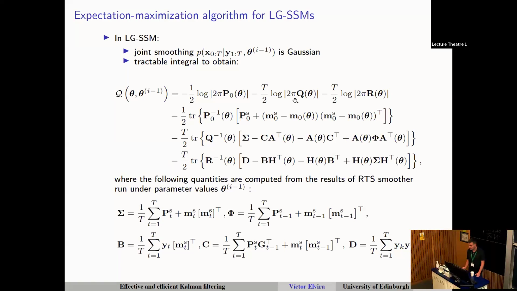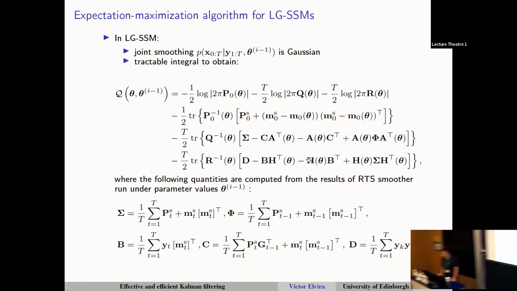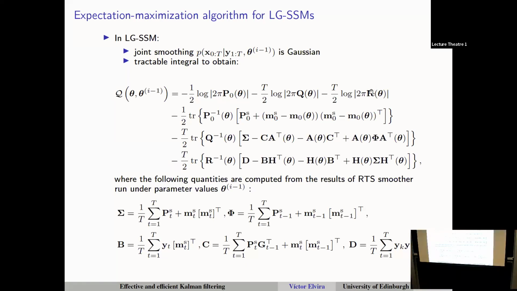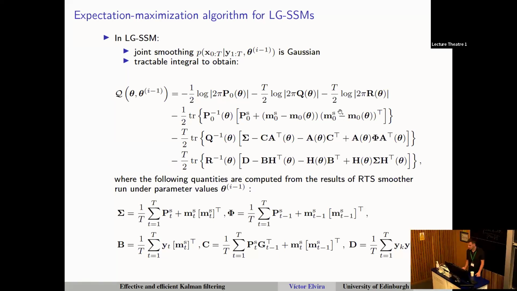Here we are considering all parameters to be constant. You have P0 and M0 related to the initial state, and then you have the transition matrix A, the observation matrix H, and the two covariance matrices R and Q, the observation and the state noise.